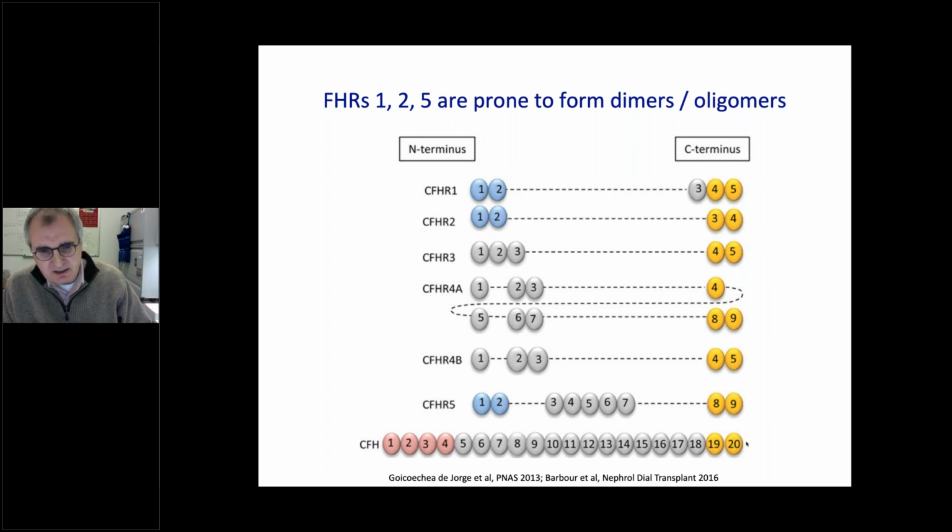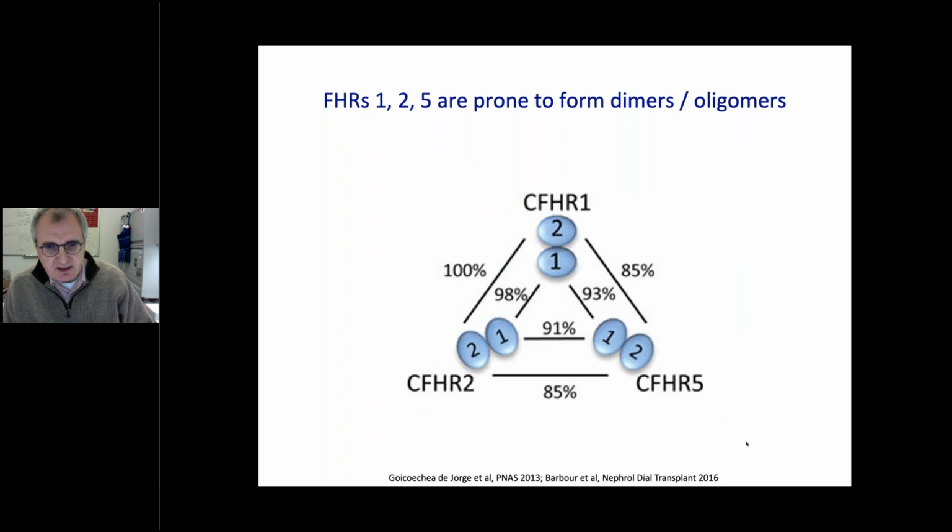which are depicted here, identifying similarities between this family of related proteins and the mother factor H. Now you see that the C-terminal end and the N-terminal end, the 1s and 2s and the 4s and 5s or 8 and 9s, seem to be shared within this group of the factor H related proteins. This is highlighted here, in particular, identifying similarities between 1, 2, and 5.